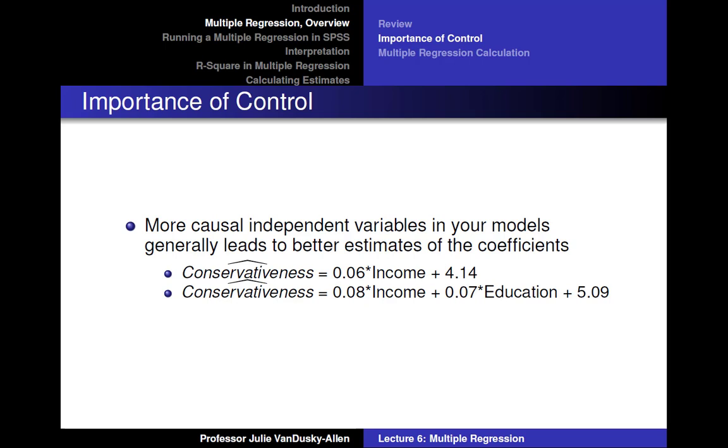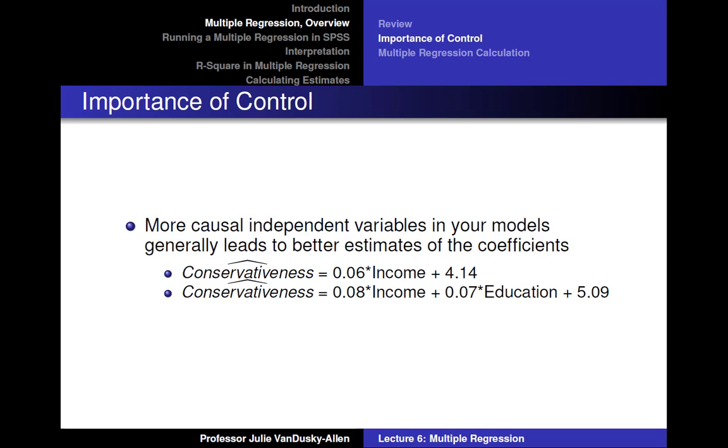For example, let's say we were interested in figuring out which factors led some voters to be more conservative than others. We think that income has a strong impact on conservativeness of voters. So let's say we ran a hypothetical bivariate regression with conservativeness as the dependent variable and income as the independent variable. The b hat for income turned out to be 0.06.